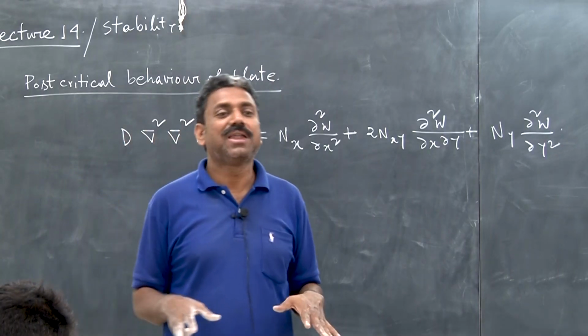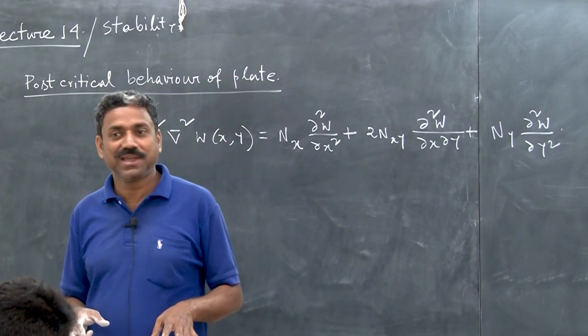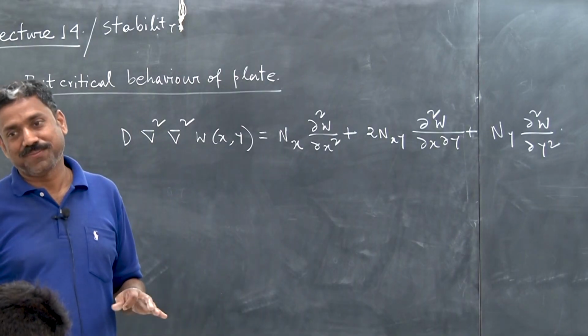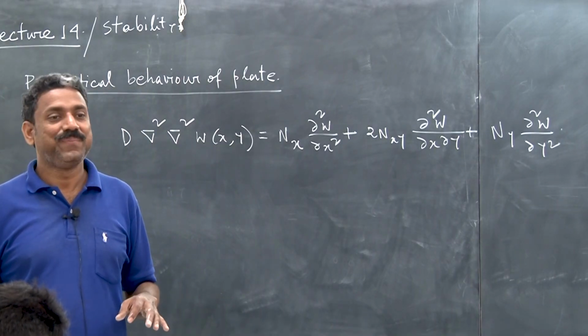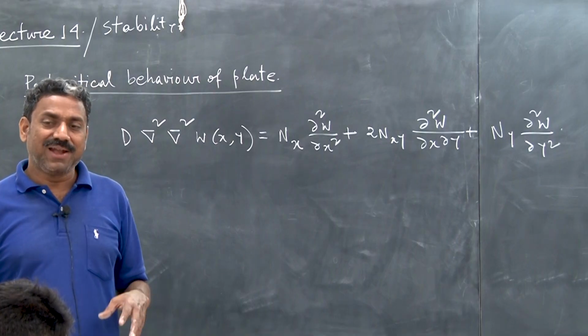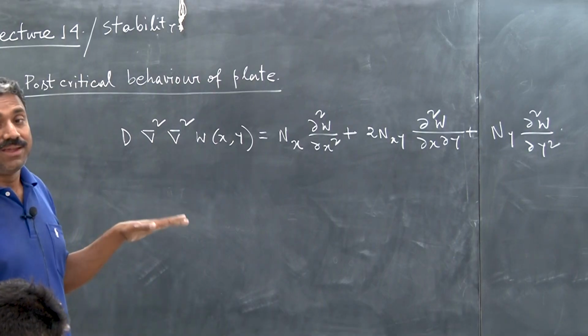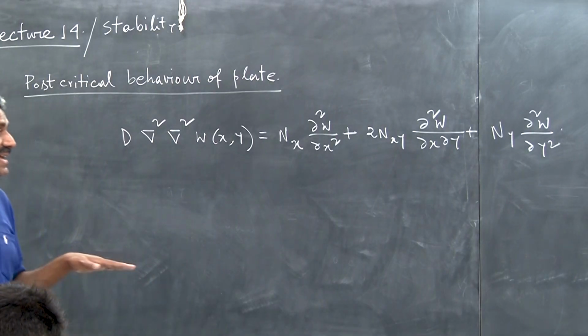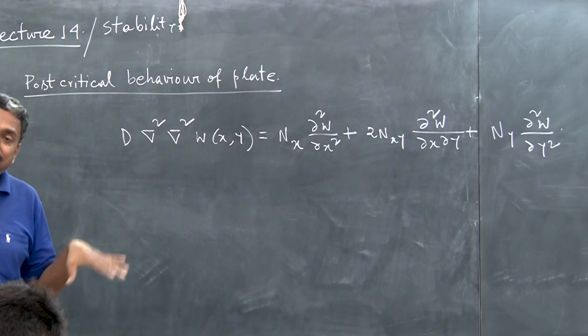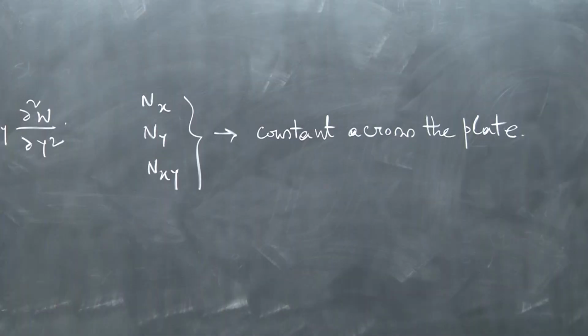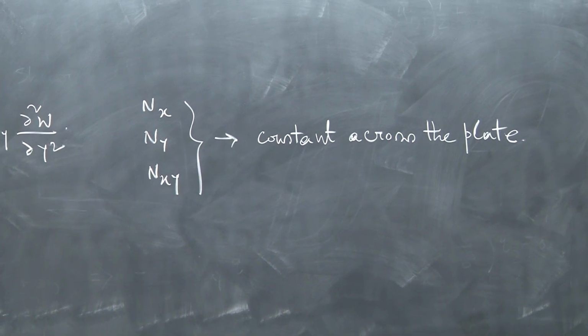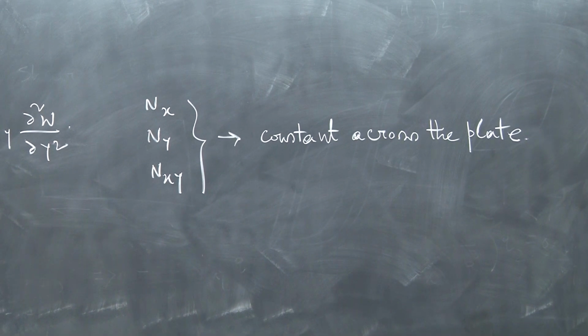However, two dimensional doesn't mean that it will always redistribute. In a shell there is nothing like this. But in a plate, it can redistribute. That means Nx, Ny and Nxy can vary over the plate. So that is the first thing: Nx, Ny and Nxy are no more constant.